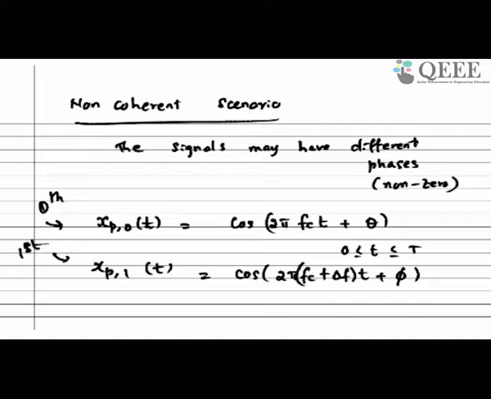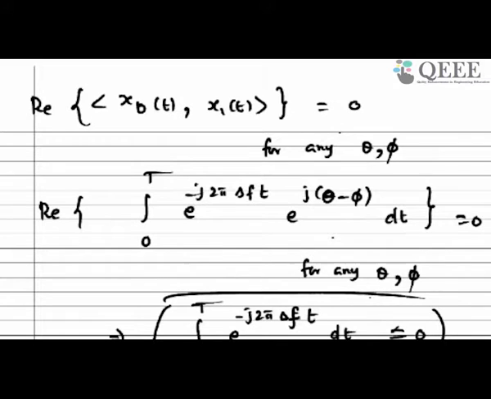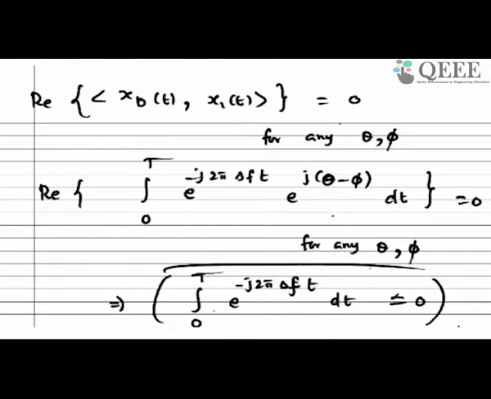This is called the non-coherent scenario, and we can impose the constraint that these two signals have to be orthogonal irrespective of the values of theta and phi. So this is a much stronger orthogonality condition.